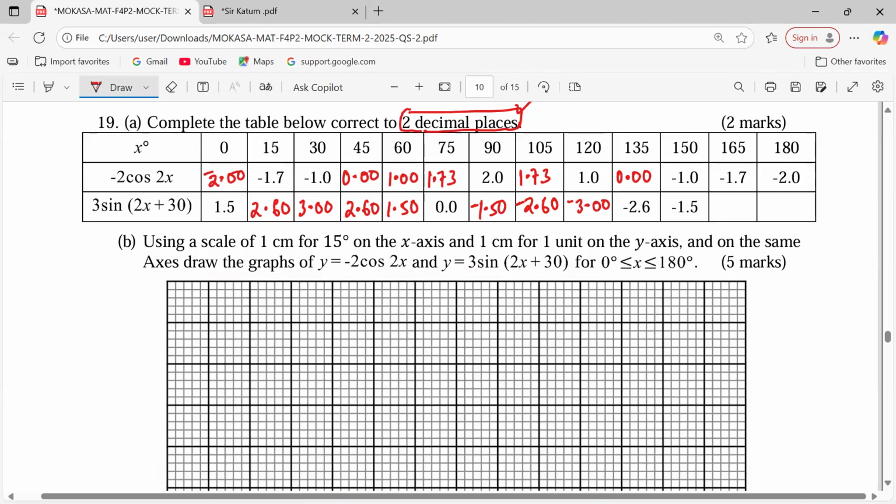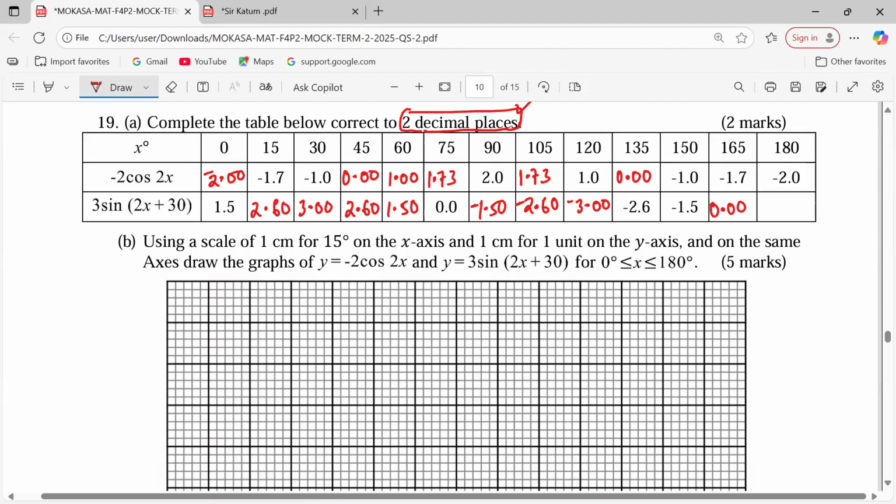Then we proceed all the way to 165, where we have another blank. So we talk about 3 sine of, 2 multiplied by 165 plus 30, 0. So this is 0.00. And finally, at 180, we'll have 3 sine, 2 by 180 plus 30.